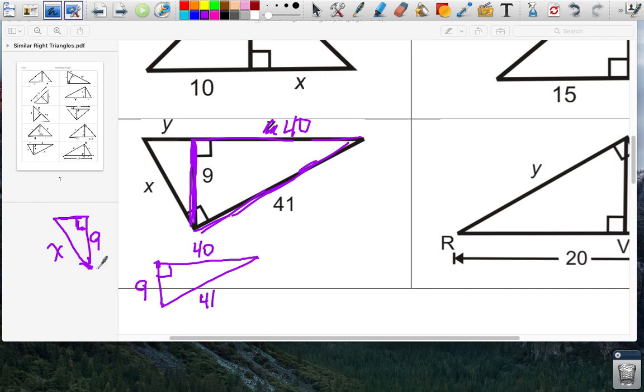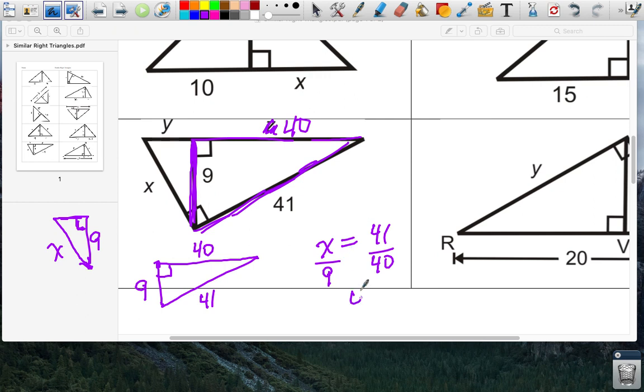So x, my hypotenuse on the small triangle, corresponds to 41, which is the hypotenuse on this triangle, as 9, which is the second to largest side, and that's going to be the second to largest side on that side, is going to be 40. Right?